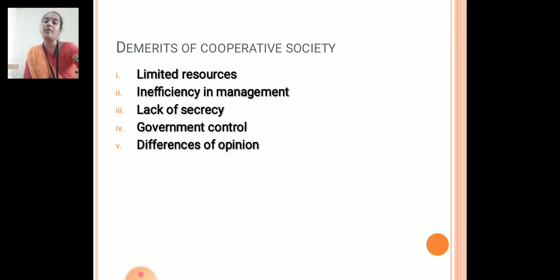Every individual's interests and viewpoints are different. So that may lead to a conflict of interest, or a difference of opinion, which will hamper the growth of the cooperative society.